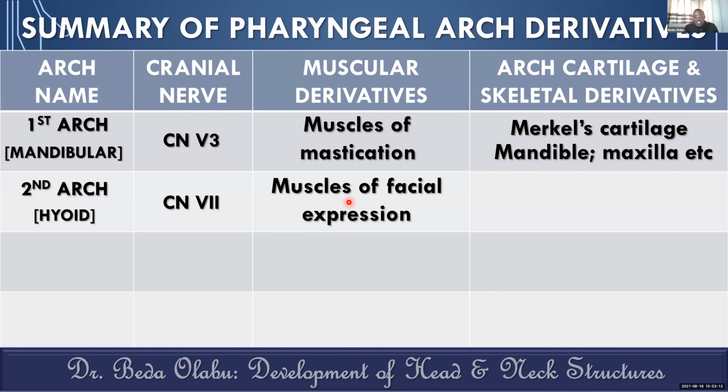Well, maybe platysma might qualify as muscle of facial expression, fine. Or if you think that could not be, then fine, still include it as muscle of the second pharyngeal arch. What do we call the cartilage of the second arch? The cartilage of the second arch is called the Reichert's cartilage. That's the spelling of Reichert's cartilage.